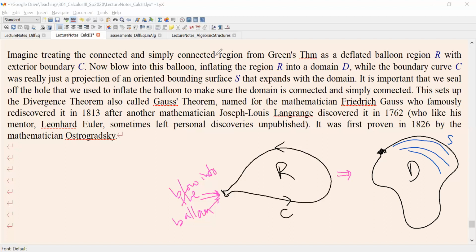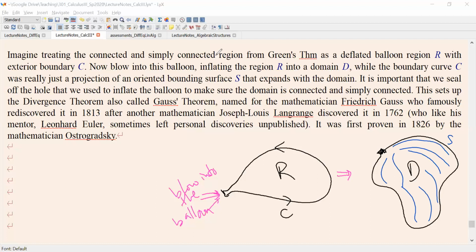And because of that, we say it's oriented. And then we tie off the end of the balloon, that's that part right over here, to make sure that the surface fully encloses that balloon domain.